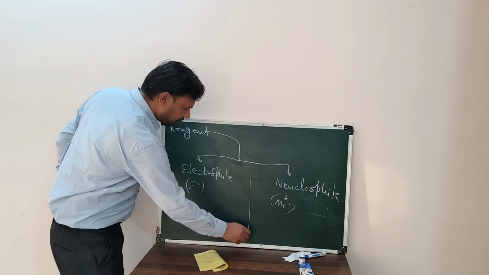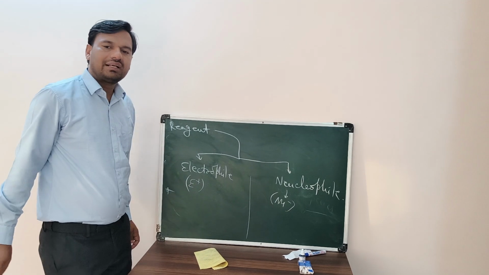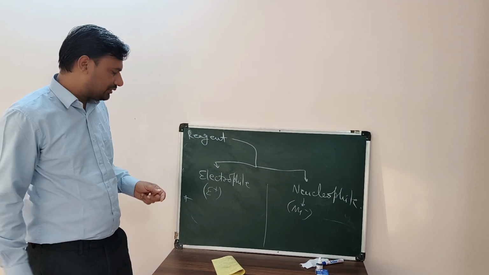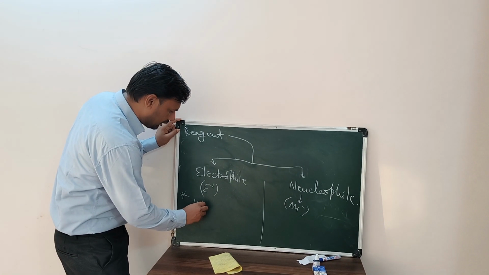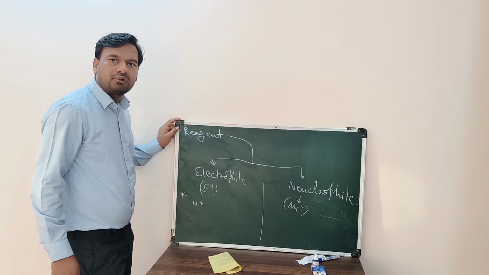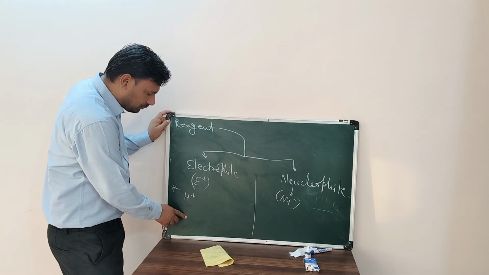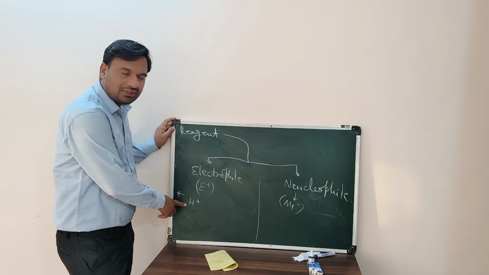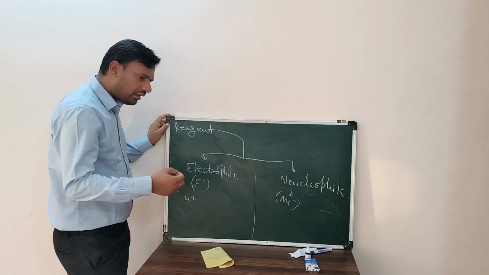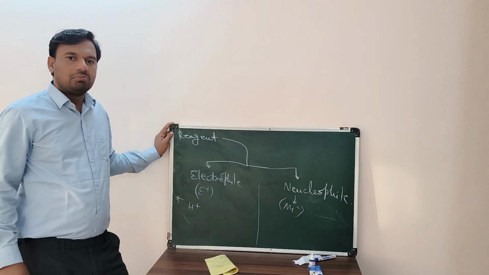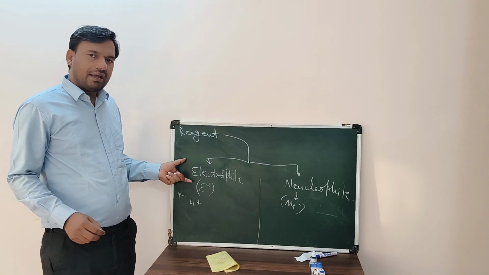The species that are electronically deficient, for example, can be positively charged species, just for example a proton. This is a positively charged species, called an electrophile. Any positively charged species is most of the time called an electrophile.